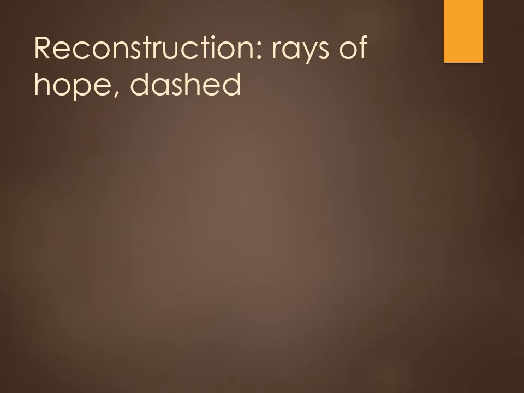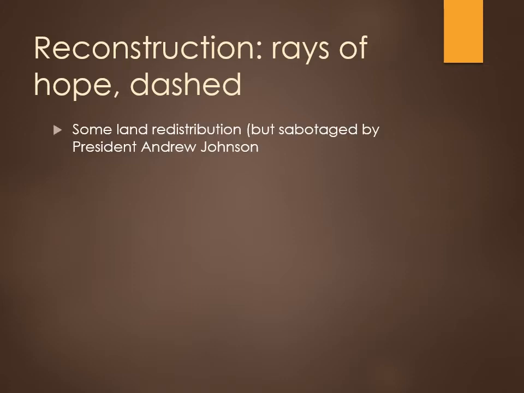Now, during Reconstruction, there was real hope for progress. There was some land redistribution led by General Sherman in the Sea Islands of South Carolina, land that had been abandoned by Southern landowners who had betrayed the Union and had abandoned the land.